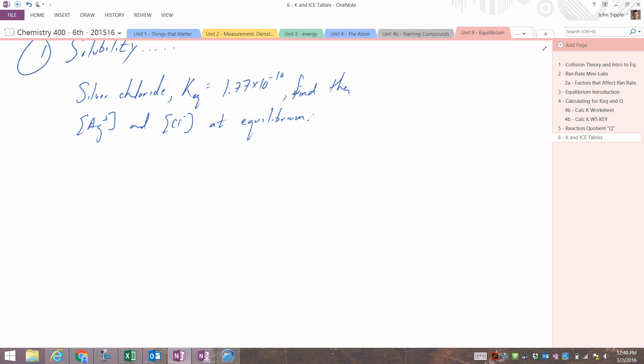All right, so let's write the reaction for the dissolving of silver chloride. So we've got silver chloride, and that's a solid, and it's going to dissolve into aqueous silver ions and aqueous chloride ions. All right, that's what we're going to go into solution with.